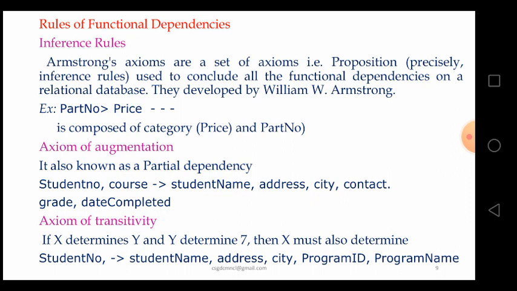They were developed by William W. Armstrong. The inference rules developed by William W. Armstrong are called Armstrong's axioms, or a set of axioms. For example, part number to price is composed of category, price, and part number.